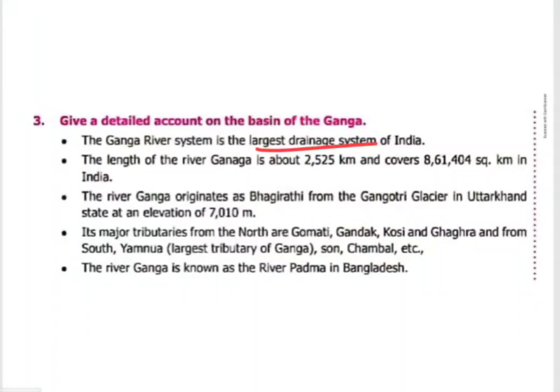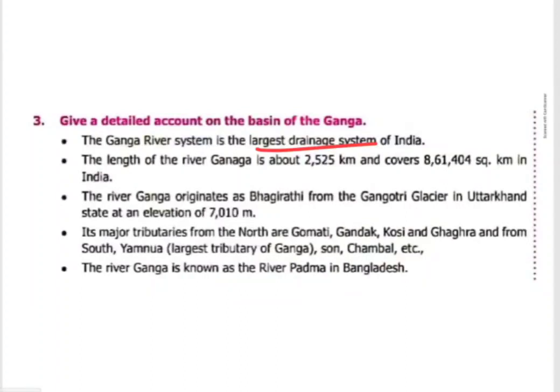The Ganga originates from the Gangotri glacier in Uttarakhand state, in the name of Bhagirathi.